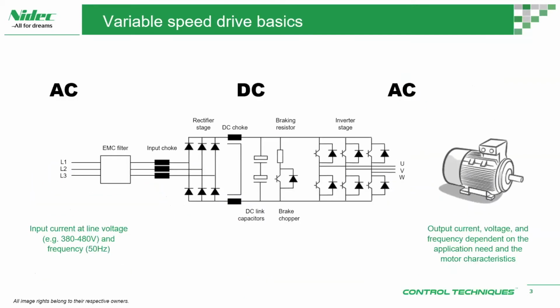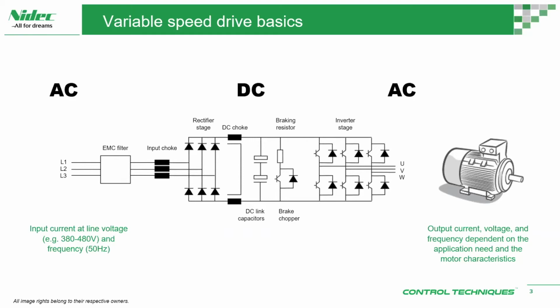Starting from the very basics of what a car drive unit, or variable speed drive, or drive for short, is, from a very high level. Basically, the drive is a fairly simple electrical device, and what it does is turn alternating current into direct current and then back into alternating current.